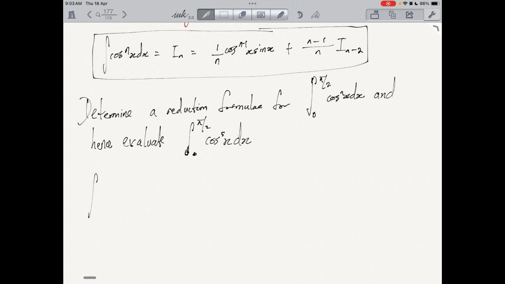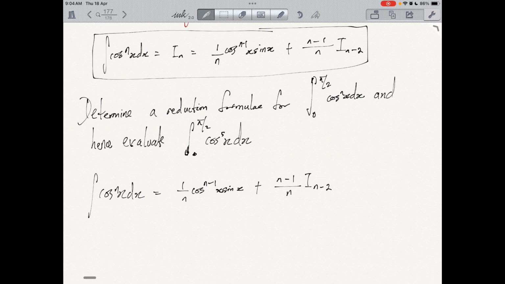So all it is saying is that we have the integral of cos^n x dx is equal to 1 over n cos^(n-1) of x multiplied by sine x plus (n minus 1) over n of I_(n-2).